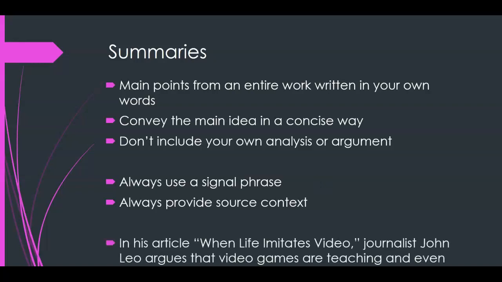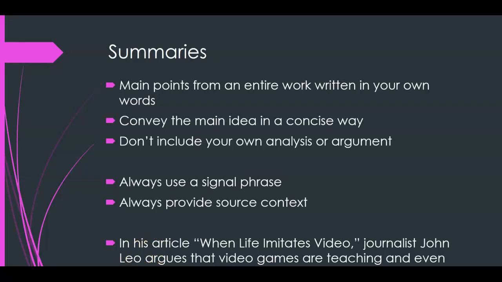Summaries aren't used that often in writing, but in particularly in a short essay, like an argument essay. In some of your longer essays, you may include more summaries. So this example here is in his article, When Life Imitates Video, journalist John Leo argues that video games are teaching and even encouraging kids to become murderers.